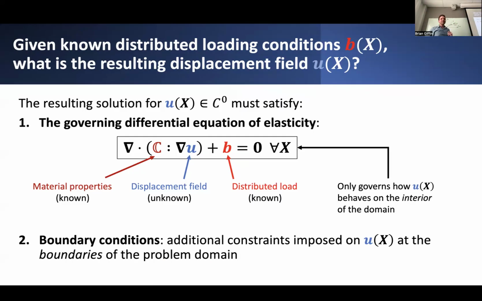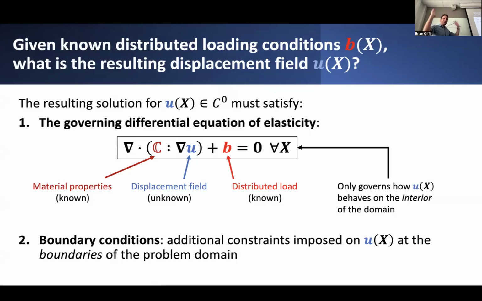It's a pointwise statement of equilibrium at every point in the domain, but it really only tells us what's going on inside of the domain. It tells us what's happening if we were to look at individual points hacked out of the center of some larger body. But it tells us nothing about what's going on at the boundary of this domain.